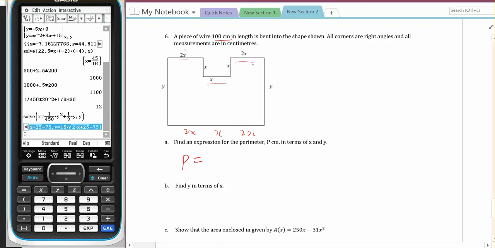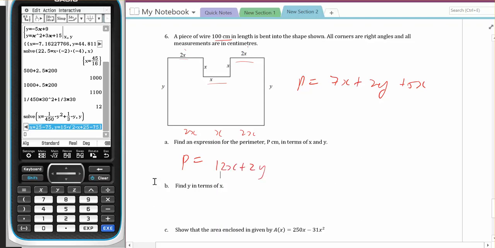If I add it all together, let's work it out. How many x's do we have at the top? 2, 3, 4, 5, 6, 7: 7x plus 2y's. And at the bottom, how many x's do we have? 4, 5x. So the perimeter would equal 12x plus 2y in total.